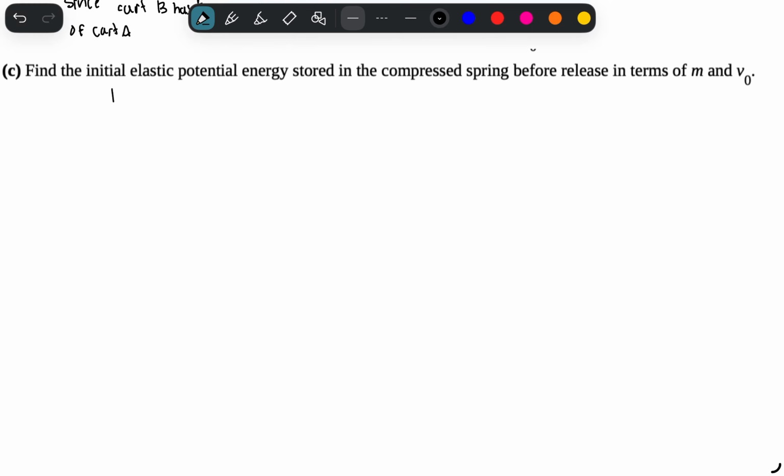So what we know is that our spring energy is going to turn into kinetic energy of our carts A and B. So we have a frictionless track, so mu is equal to 0. And also we have an ideal spring. So we have all the things for energy conservation.